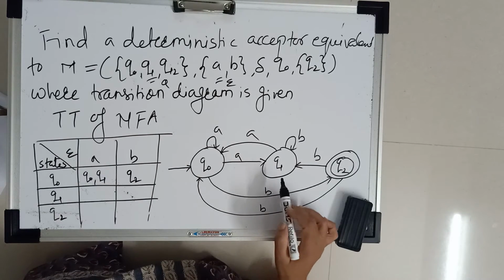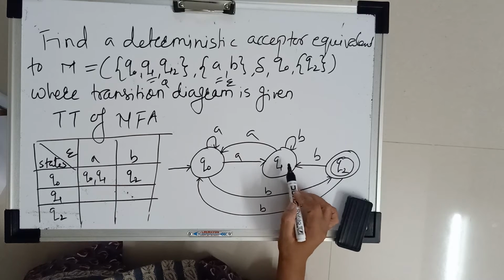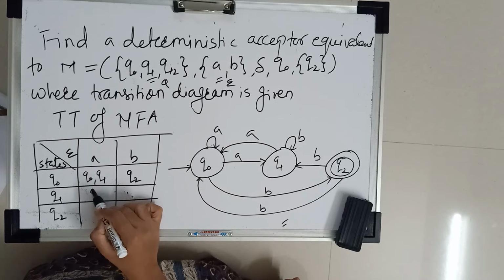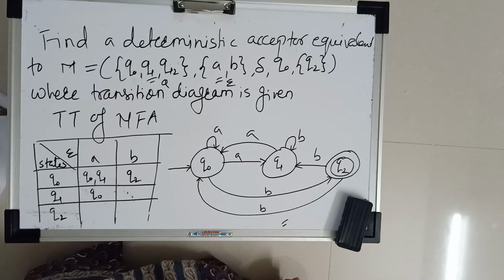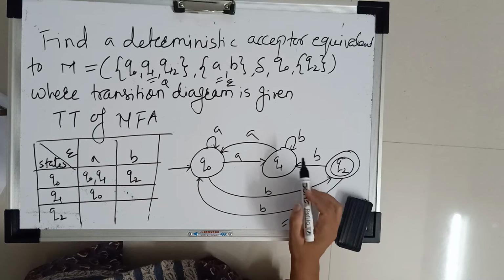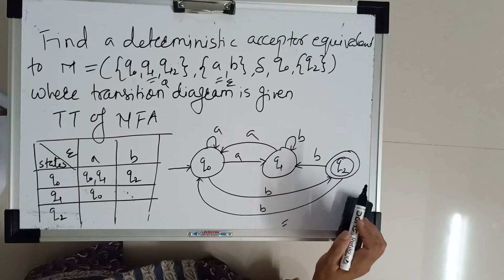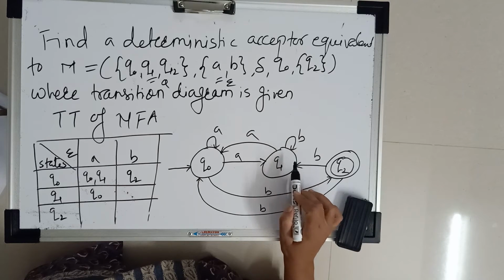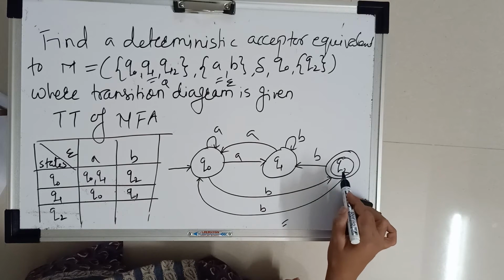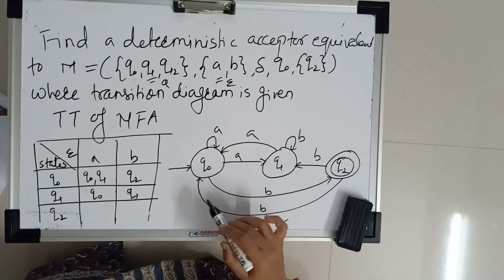Then for Q1, for the A column entry, for A it goes to Q0. So Q0 is the next state of Q1, and for the B column entry, Q1 goes to the same state for B. Again only one next state is given for Q1, so it goes to the same state. For Q2, what is the transition for the A column? We'll see the arrows.